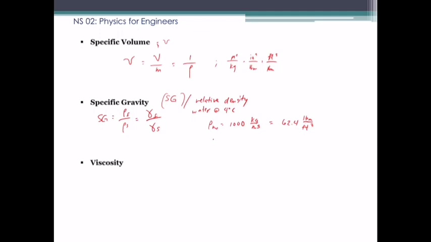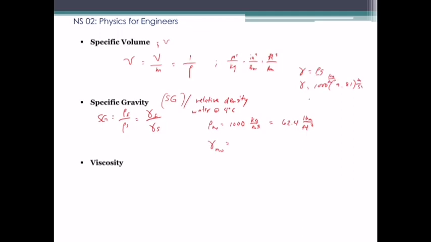Also, the gamma of water. Gamma is the product of rho and g. Therefore, the gamma of water is the density of water, 1,000 kilogram per cubic meter, times 9.81 meter per second squared.